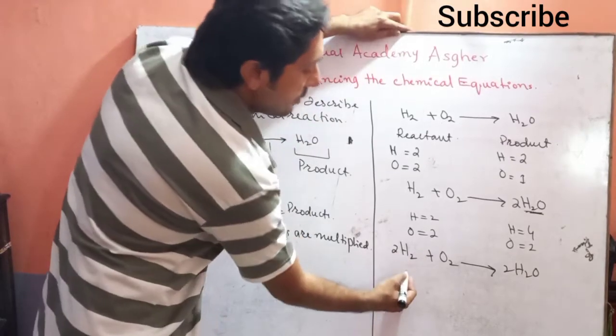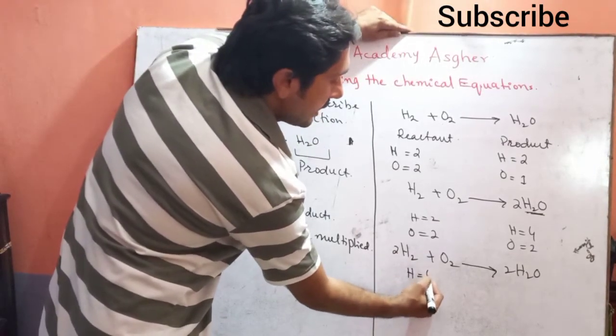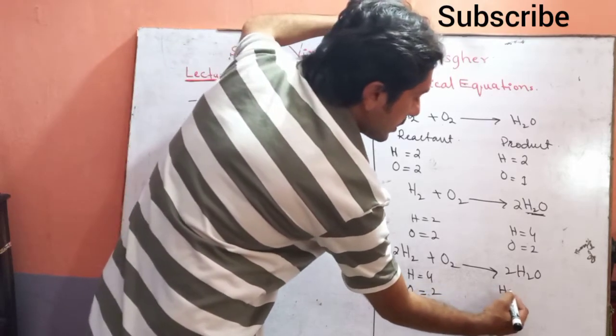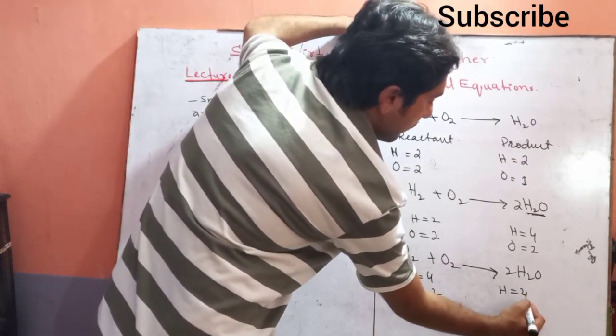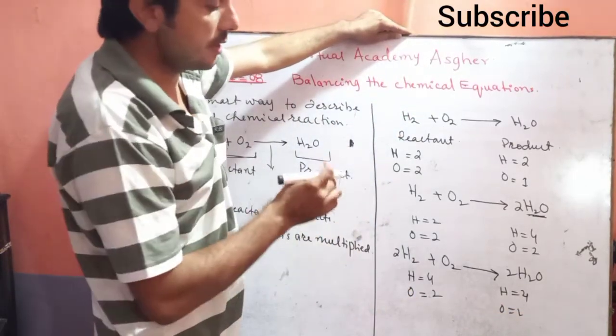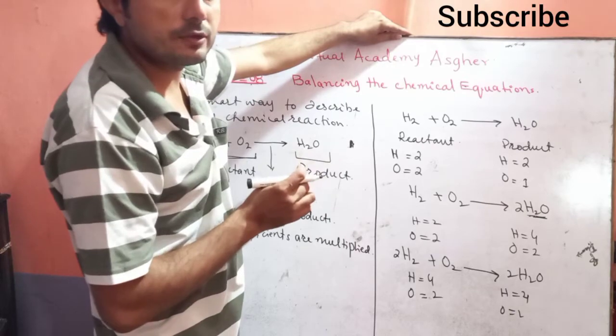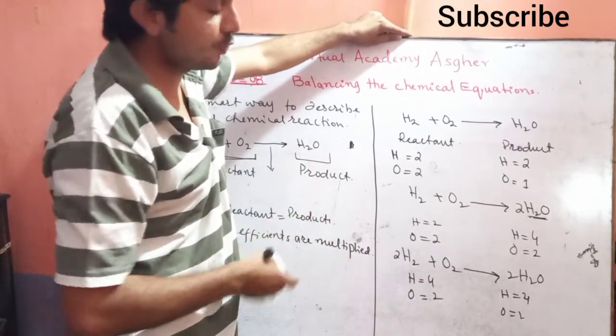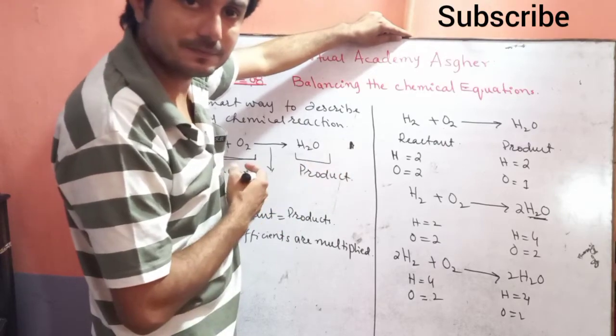So now, if you count again, the hydrogen at the reactant side is 4 and oxygen is 2. And at the product side, again, the hydrogen is 4 and oxygen is 2. So here, as you can see, the number of atoms at the reactant side and at the product side are equal to each other. So that is the chemically balanced equation.